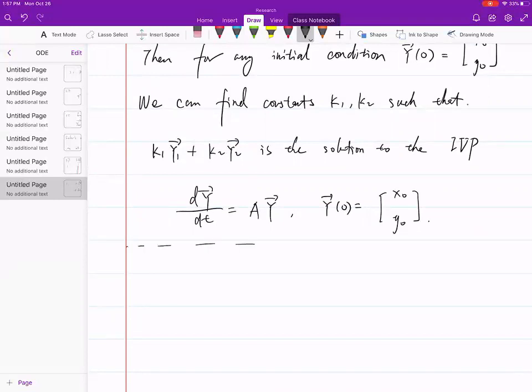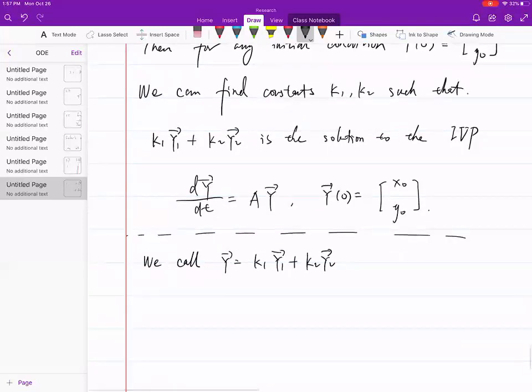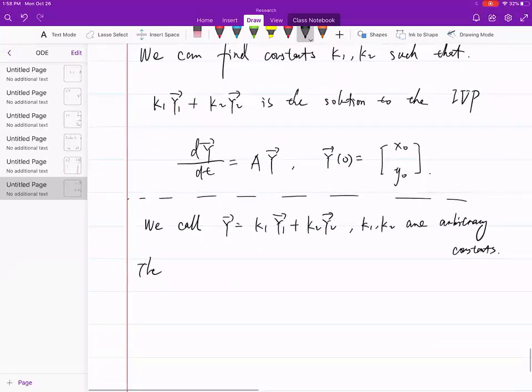In this way, we call it the general solution of the system.